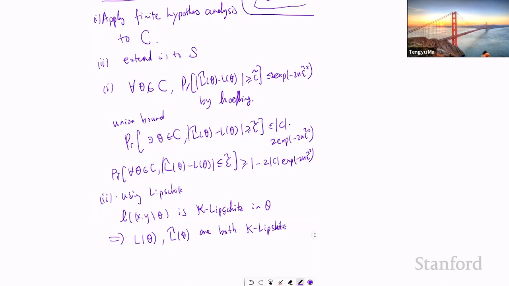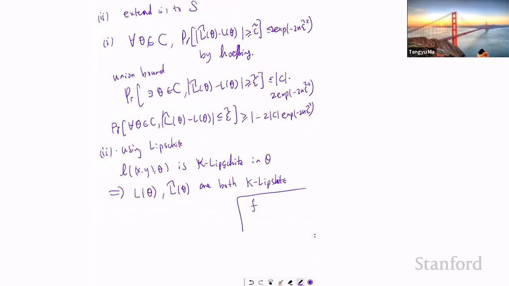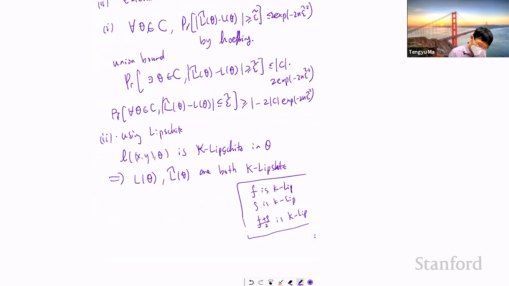Why? This is just because if you average two kappa Lipschitz functions, they are still kappa Lipschitz. So if f is kappa Lipschitz and g is kappa Lipschitz, (f plus g) over 2 is also kappa Lipschitz. And you can prove this by a simple triangle inequality. You can do this for multiple functions, not only two. You can do it for n functions.